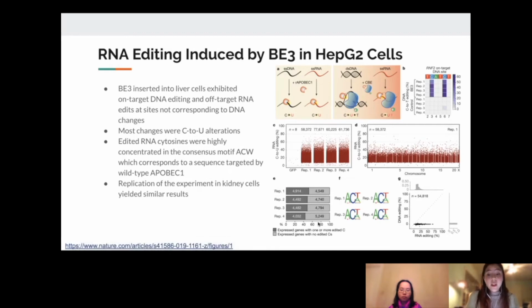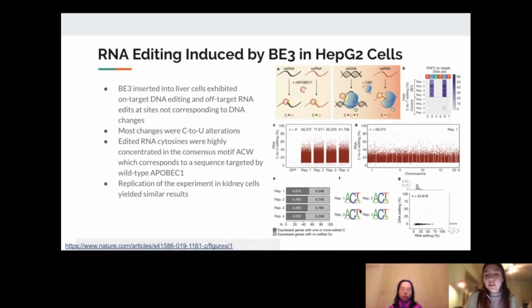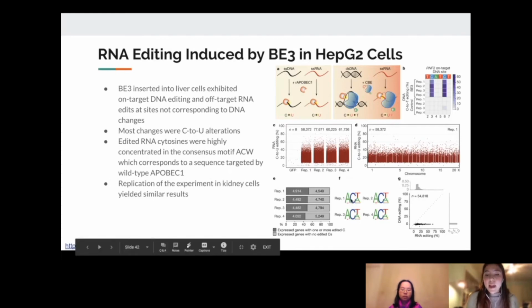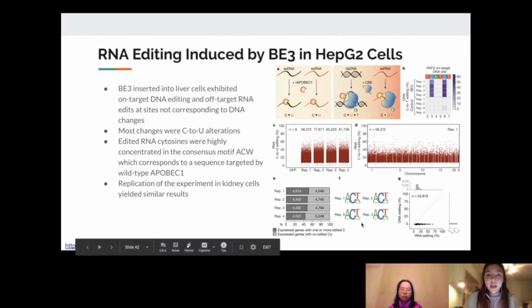The next thing that they tried to find out was whether there were any similarities in the places where these base editors were binding, even though they weren't on the target sequence. And what they found in all of these replications is that they tended to bind to a consensus motif that was A, C, and then had its third site as usually a T or an A. So this made sense to them because AC, and they call it W, which would represent T or A, is a normal target site of wild type rat ApoB-C1.